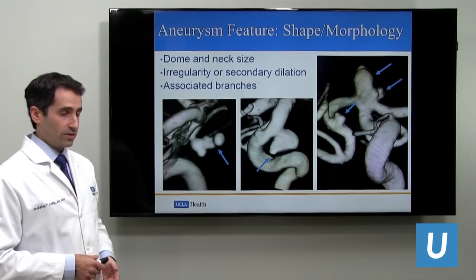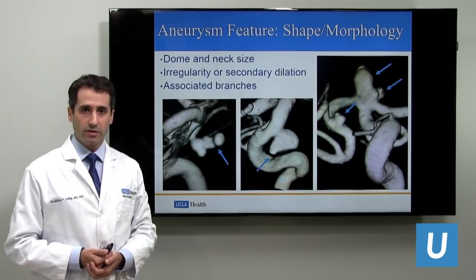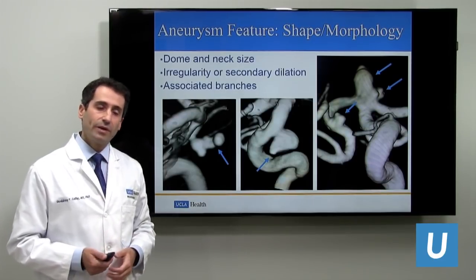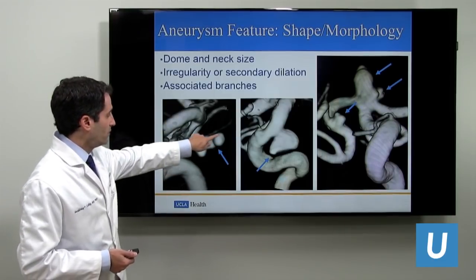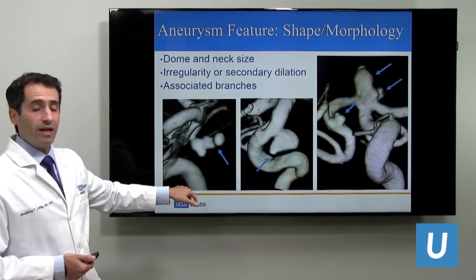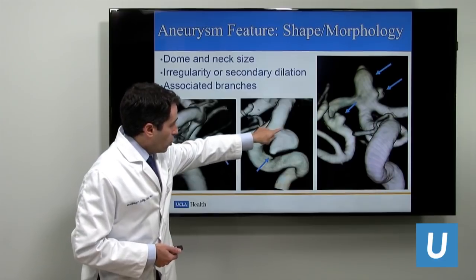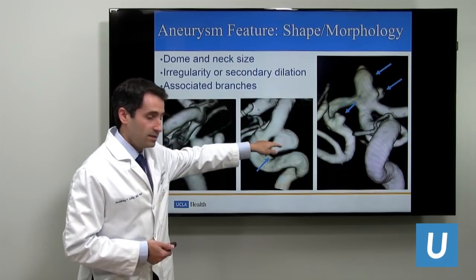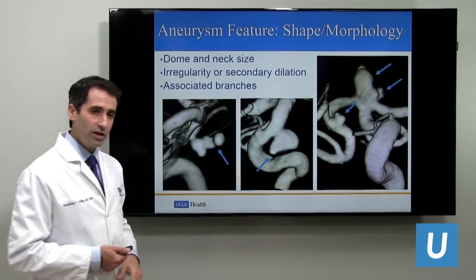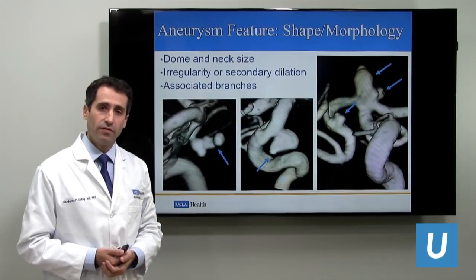We also care about the shape and the morphology of the aneurysm. When we talk about aneurysms, we talk about the aneurysm dome, or the bulk of the aneurysm, and we also talk about the aneurysm neck, or the opening of the blood vessel that leads into the aneurysm. And we're interested in the sizes and shapes of all of those things.